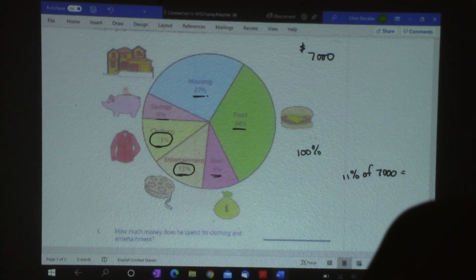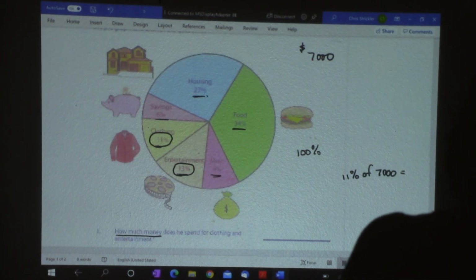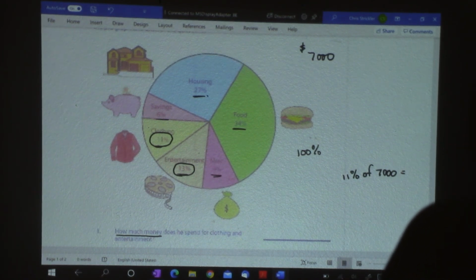I'm taking the percentages off of the circle graph and using them. It says how much money, so I know I'm going to come up with a dollar amount. This is one kind of circle graph that has percents on it. There will be another kind we will do next. But for now, this is how we solve these types of problems when we have a percentage.